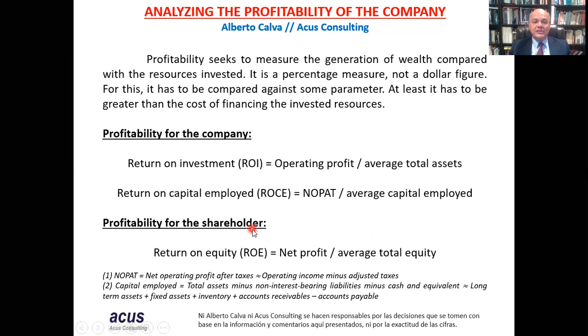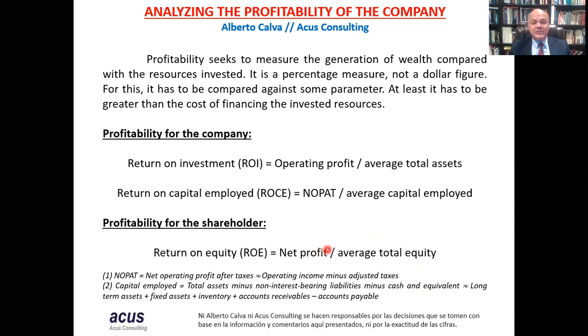The shareholder, we're talking about basically the return on equity. And the return on equity is the net profit divided by the average total equity. So average is basically the same idea. Total equity, this means that we're including the shareholders' equity. This is the contribution that the shareholders did at the beginning when they established the company, plus all retained earnings, plus another concept that could be included in total equity.